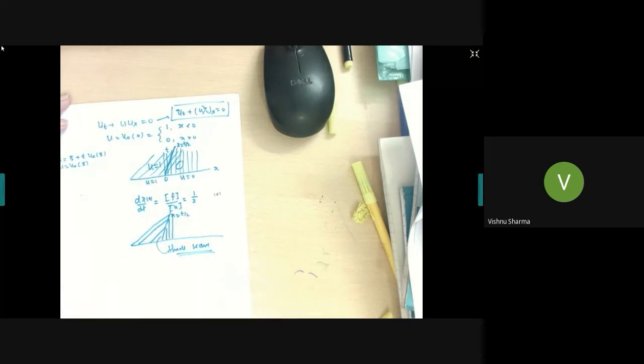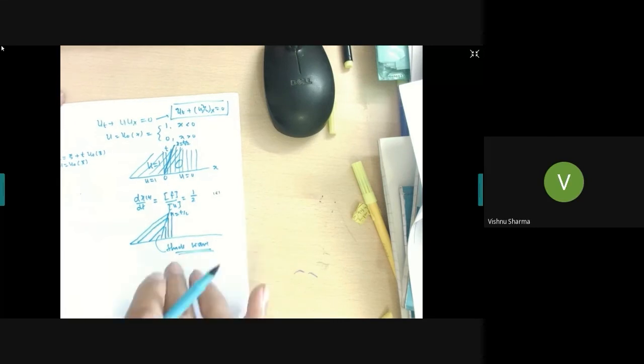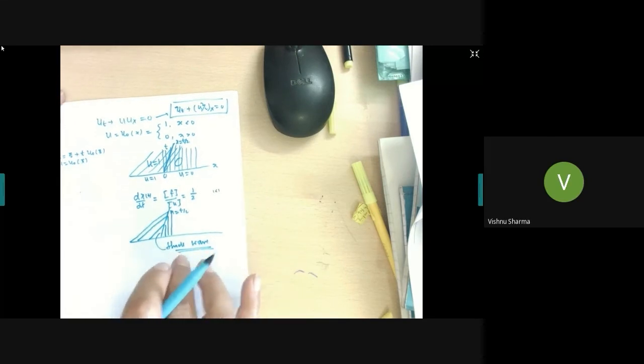When we say wave, it is something related to physics, nothing to do with mathematics. But a shock wave is nothing but a weak solution of a conservation law. For a mathematician, a shock wave is a weak solution of a conservation law.